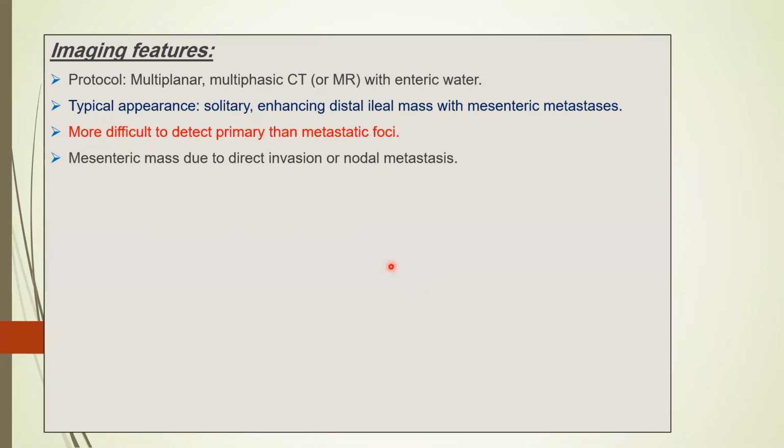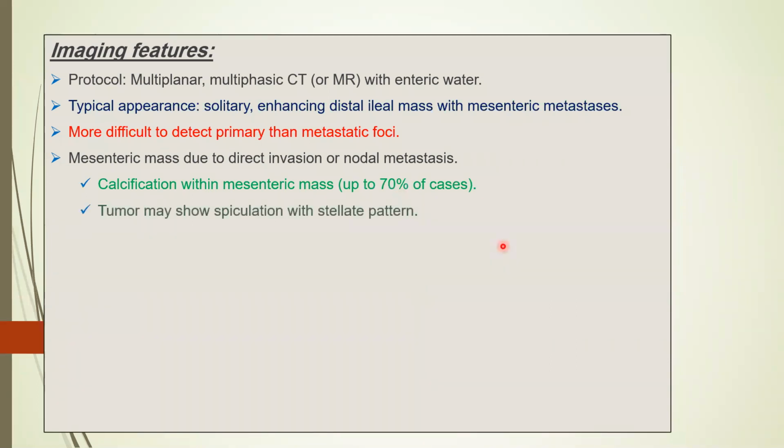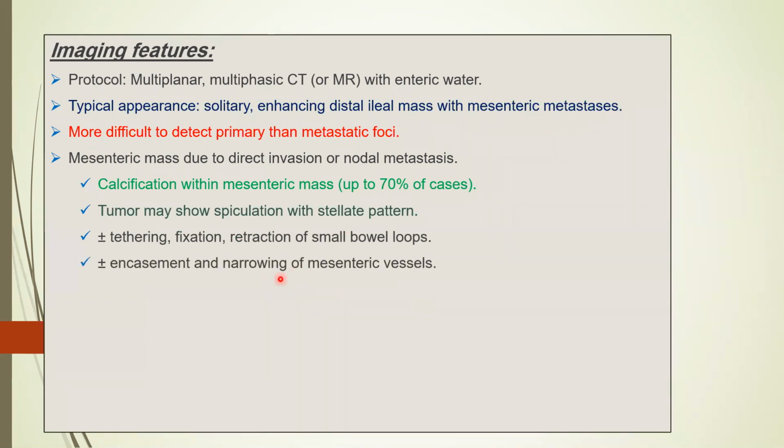The mesenteric mass is either due to direct invasion or nodal metastasis. Calcification in the mesenteric mass is common, up to 70%. And the mass may show spiculation with a stellate pattern, tethering, fixation, retraction of the small bowel, and encasement of the mesenteric vessels.